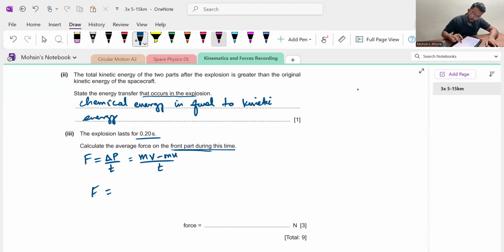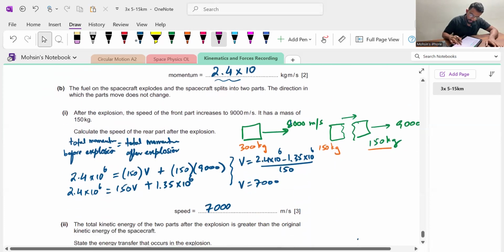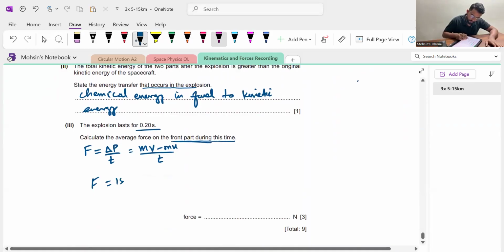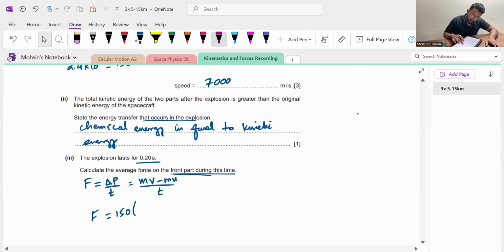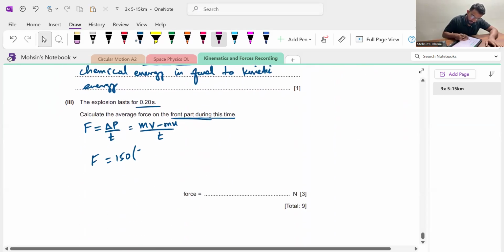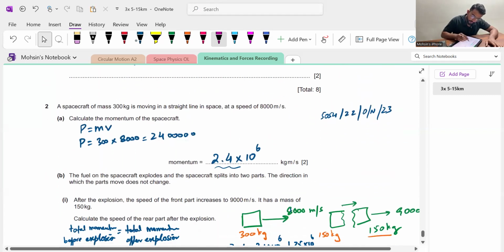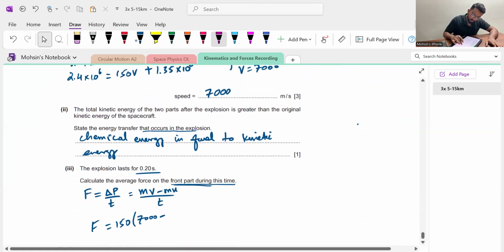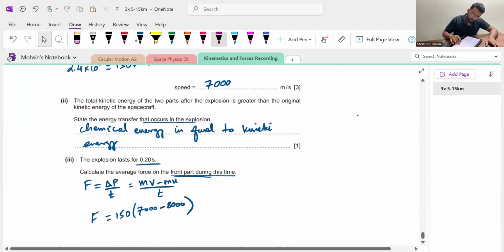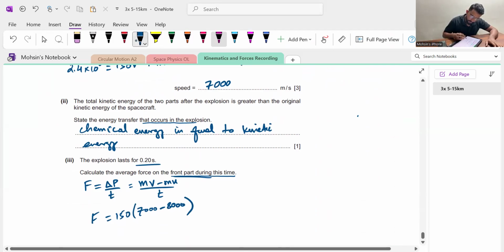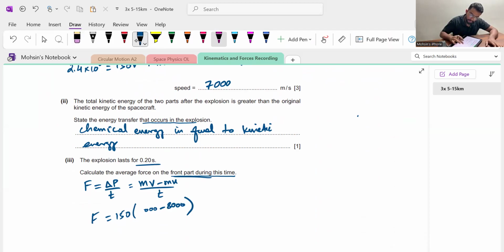So the mass of the front part is 150, which I'm taking common. The final speed was calculated here, 7,000, and initially it had a speed of 8,000. Sorry, the front part has the speed not of 7,000, that is the speed of the rear part.